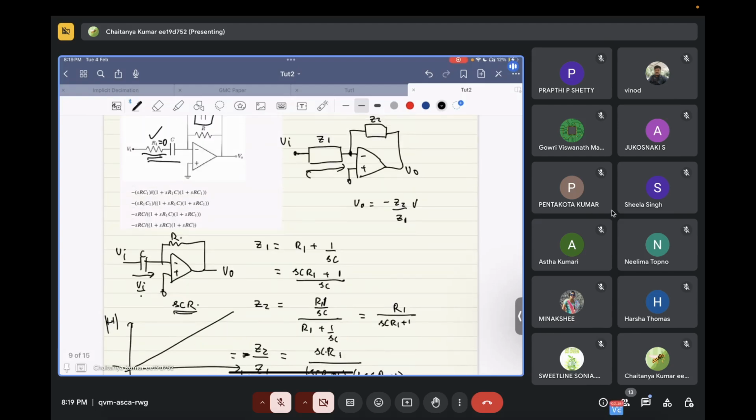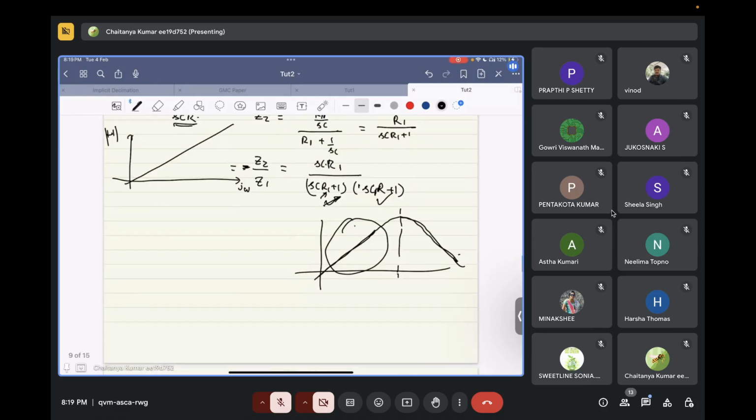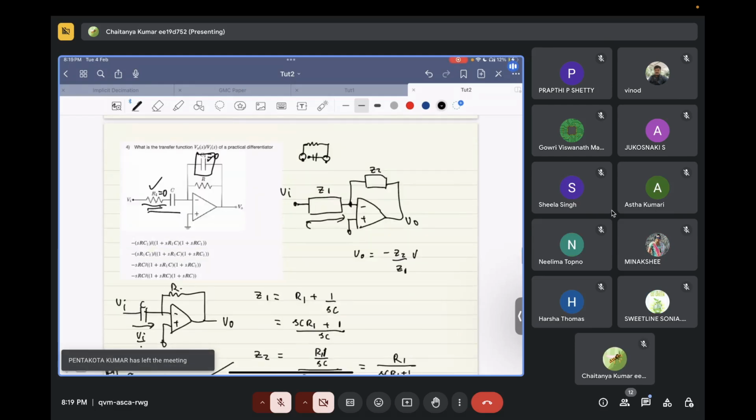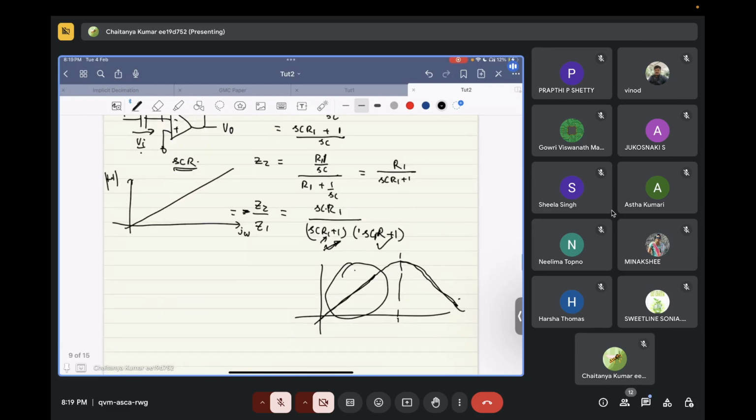This R1 will be very small. If R1 is very small, the pole formed by R1 times C will be at a very high frequency. Same way, this capacitance is some capacitance between the nodes of the resistance. This again will be a very small capacitance. Now, if this is a small capacitance, the pole from C1 times R will also be at a very high frequency.